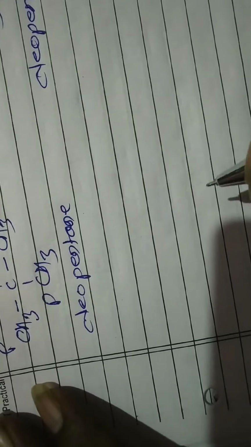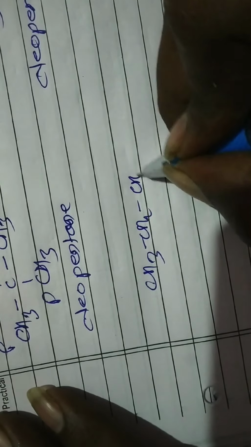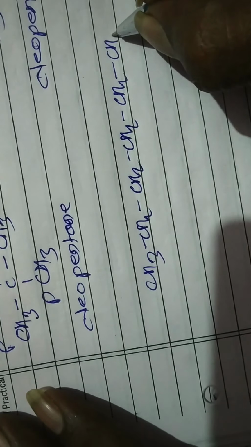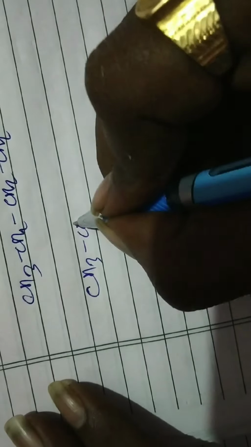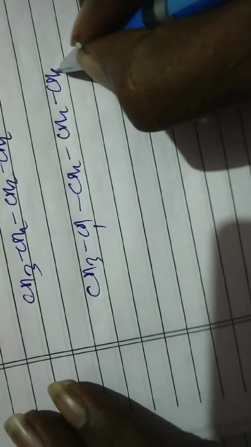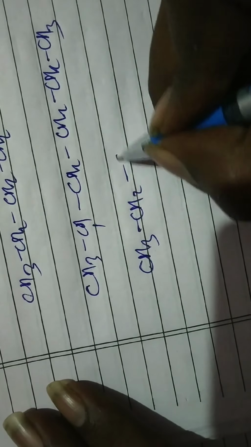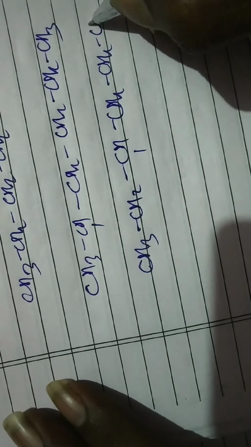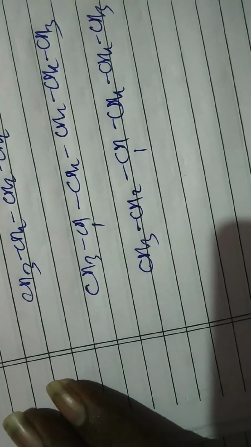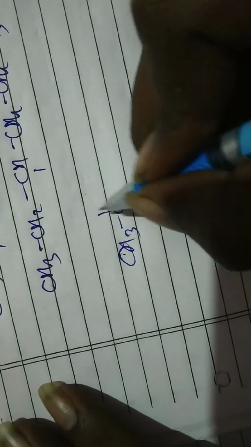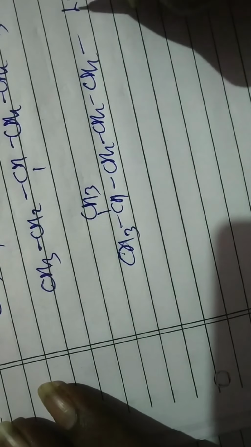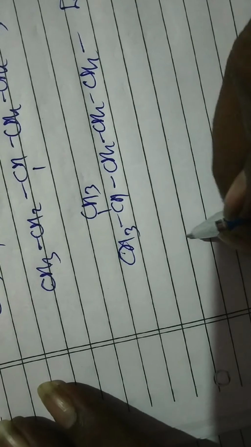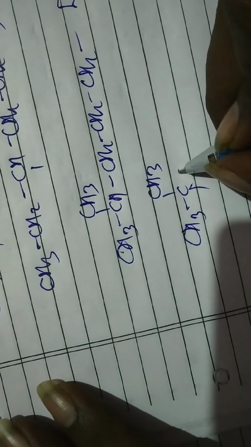Similarly, we can form different groups like N-hexyl, secondary hexyl, another secondary hexyl, isohexyl, and tertiary hexyl.